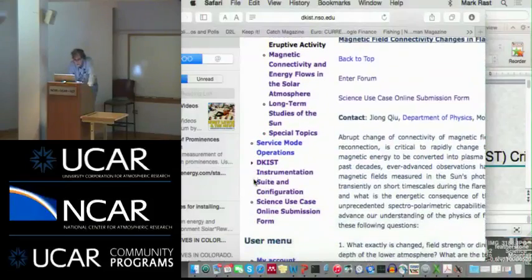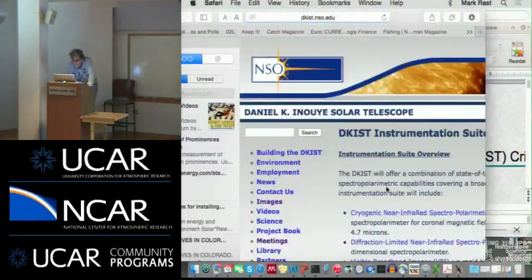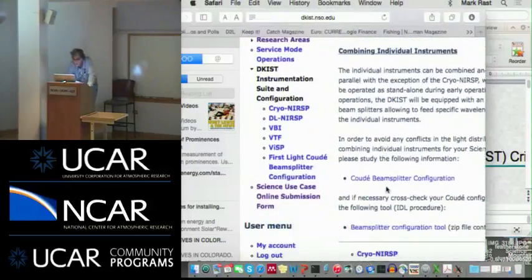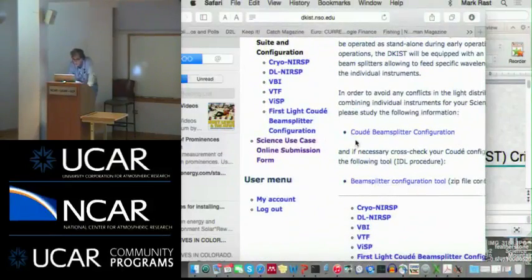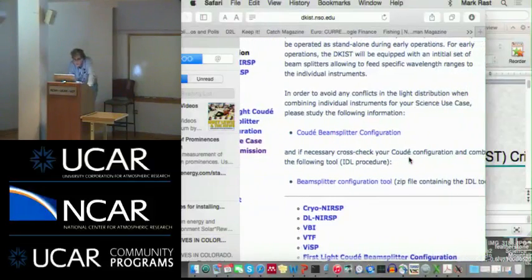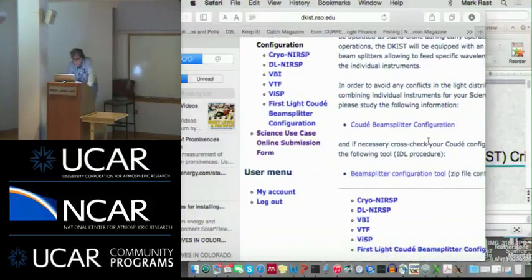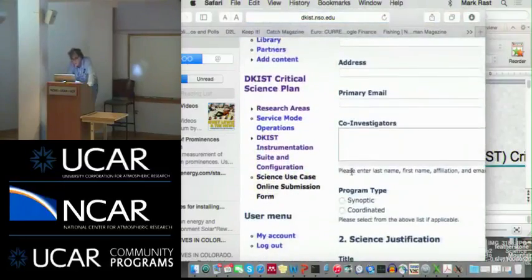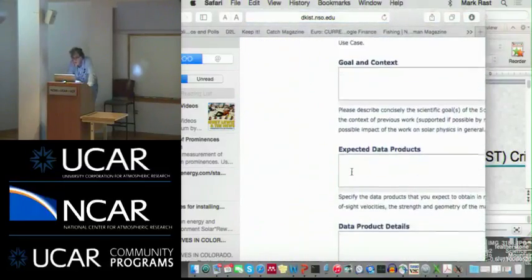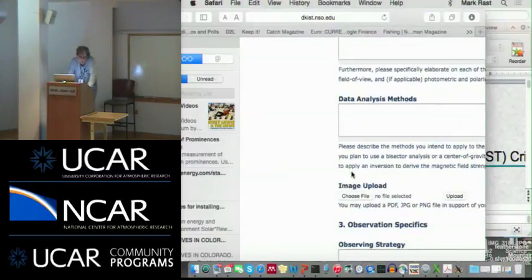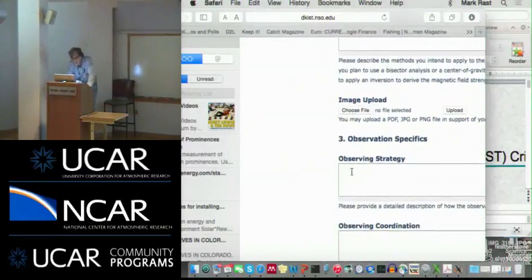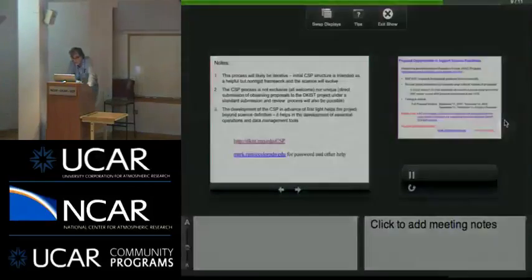It has descriptions of the instruments in detail, descriptions of the beam splitter configuration to combine those instruments, and a tool to evaluate how effectively you do that. And then finally, it has a science use case submission form that tries to carefully outline both what the project needs and what you might want to think about to do science with this telescope.